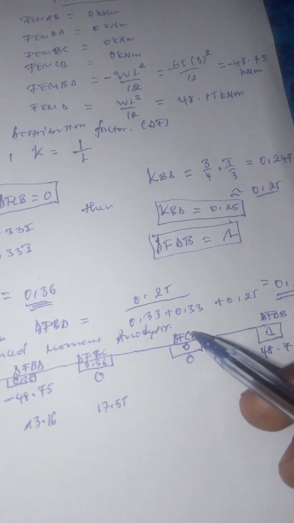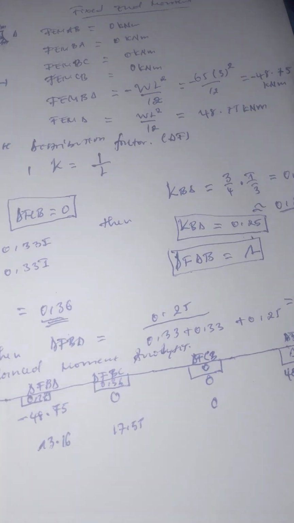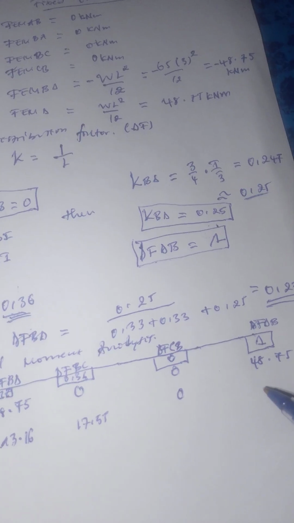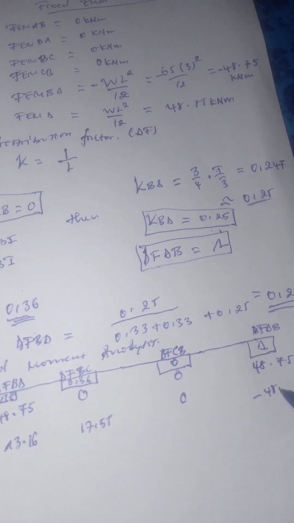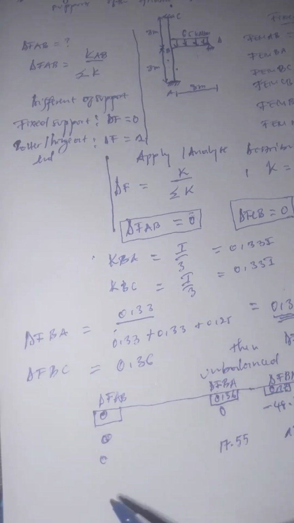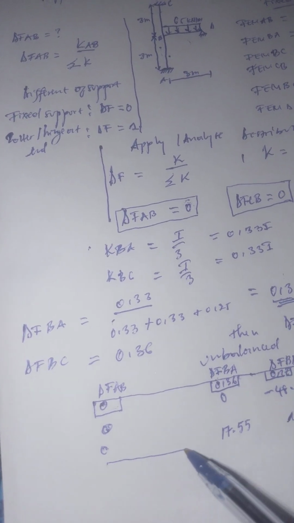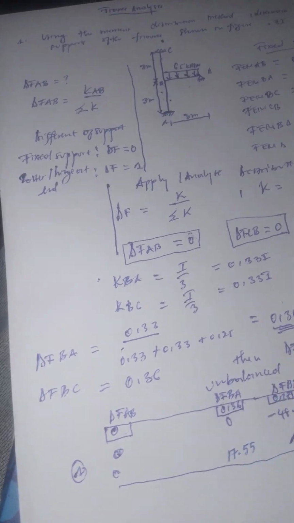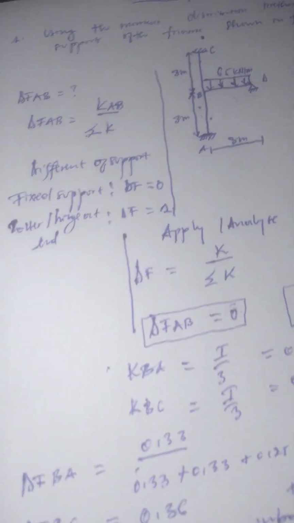Then here 0 times 0 is equal to 0. Then here 48.75 times negative 1 is equal to negative 48.75. That is the first law of carry-over.